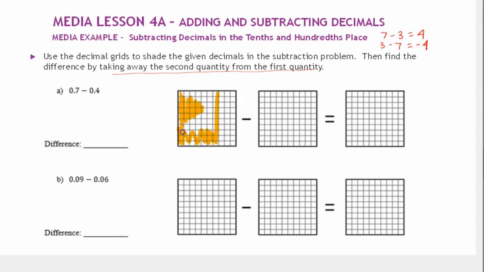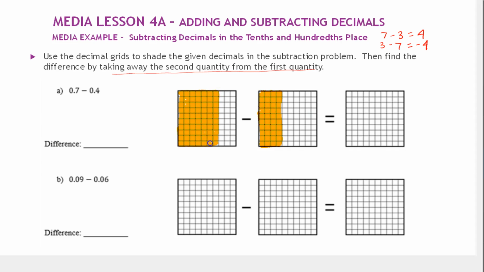I'm going to shade in 7 tenths in the first grid, and then I'm going to shade in 4 tenths in the second grid. Now we want some way to represent using these grids, so we want to find our answer. We want to take this and then take away this amount.